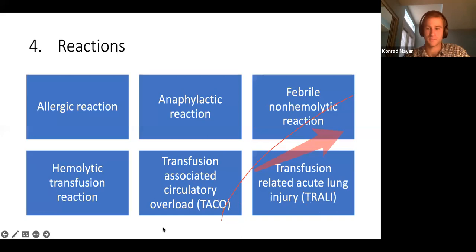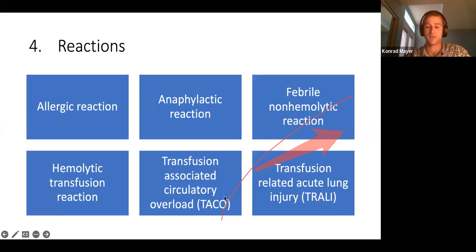Yes, so there, okay. So let's get into the reactions. Allergic reaction, as I said, anaphylactic reaction. Then there's the febrile non-hemolytic reaction. We remember I already mentioned this when talking about leukoreduction. Then there is the hemolytic transfusion reaction, which is if you don't pay attention to the ABO system.